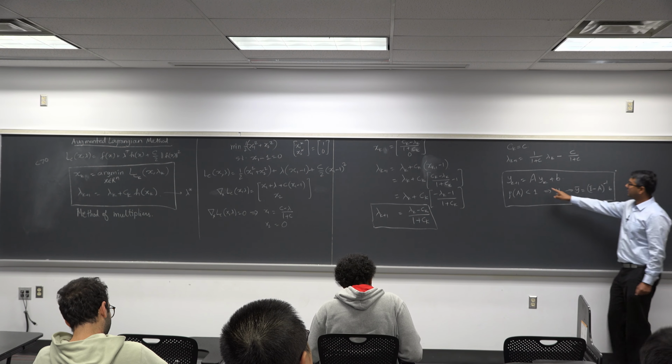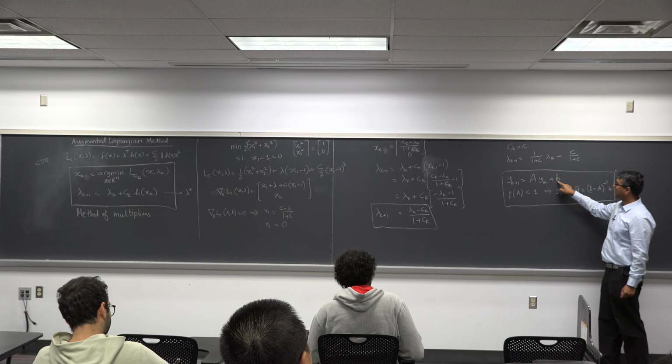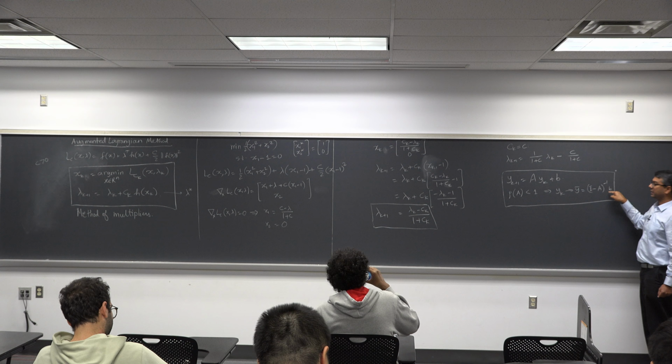So if I have a matrix getting multiplied by a vector, and I'm adding some constant vector to it, if my spectral radius of A is less than 1, then this sequence must converge to a limit which is I minus A inverse times b.